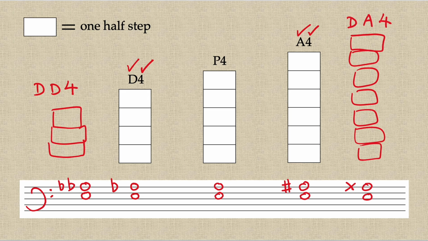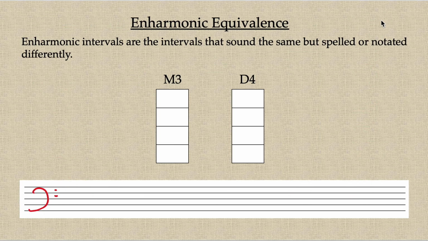Now let's move on to enharmonic equivalence in intervals. Enharmonic intervals are the intervals that sound the same but are spelled or notated differently. Here is one example: a major third and a diminished fourth. From C to E is a major third because C, D, E is a third and it consists of 4 half steps.